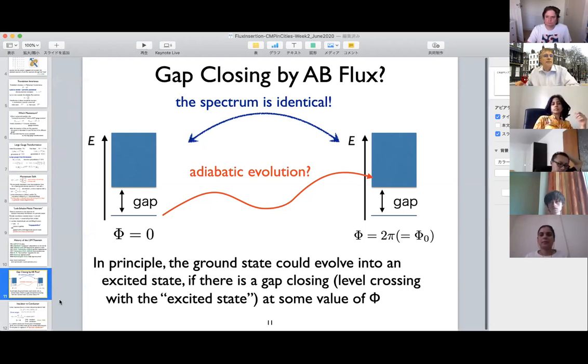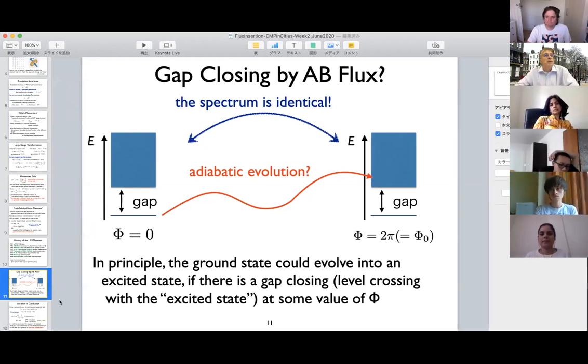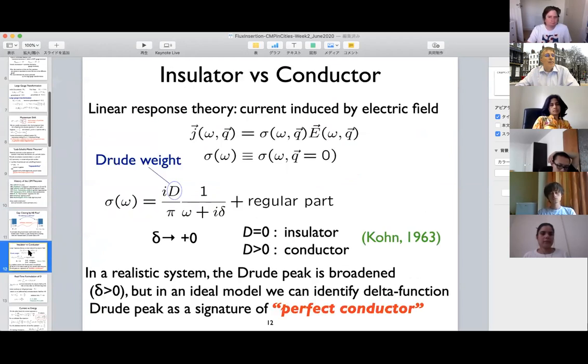So from now on, I want to show you that this kind of stuff can happen, but it has some consequence. That's what I want to show. Then that's related to the distinction between insulator and conductor. The electric conduction property of the system can be characterized, of course, by conductivity.